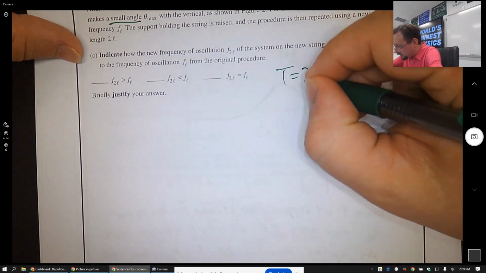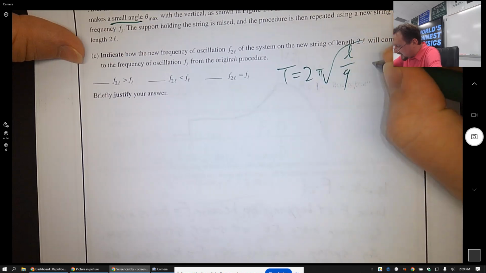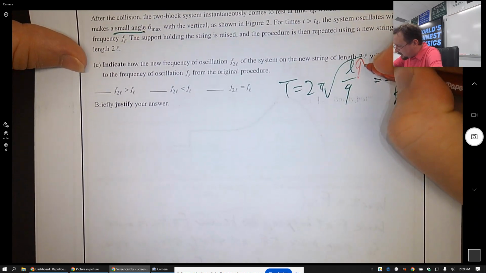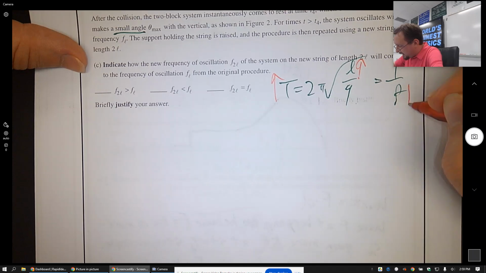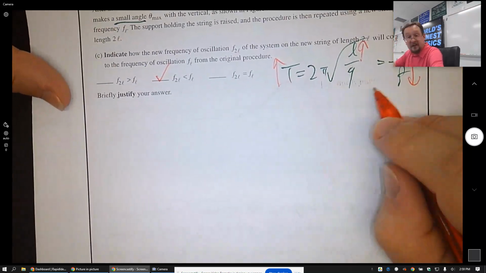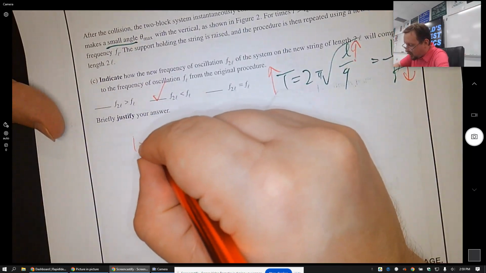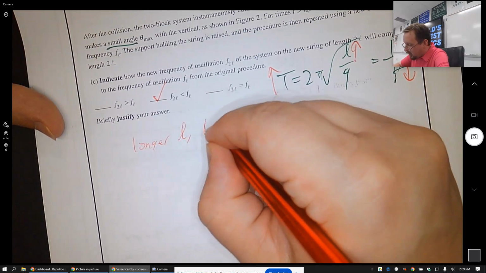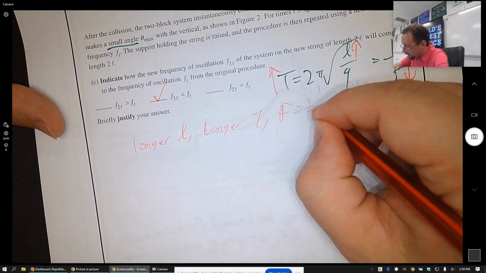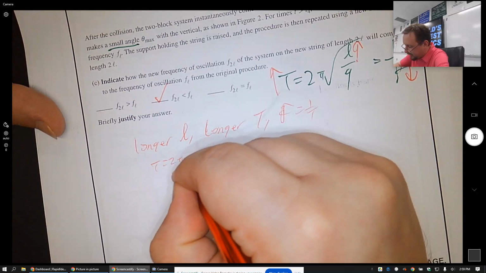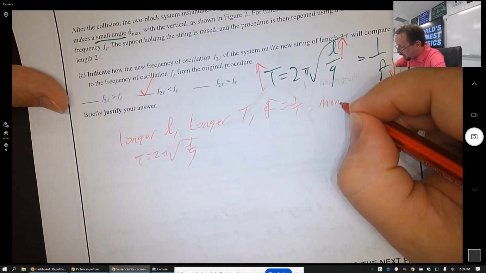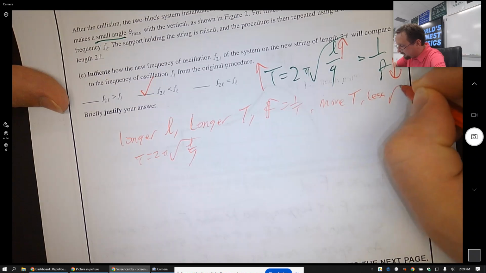Okay, period equals 2 pi radical L over G, and that's 1 over F. So a longer length will be a longer period and a lower frequency. I'm going to say longer length, longer period, and since frequency is 1 over period, period is 2 pi radical L over G, so more period, less frequency.